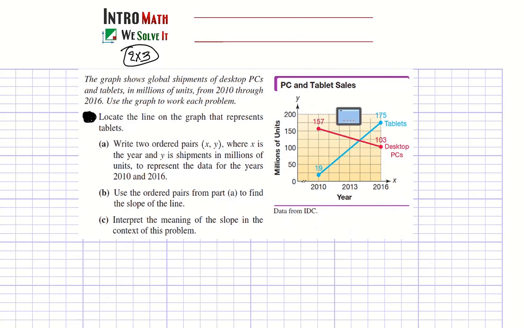Then it says write two ordered pairs (X, Y), where X is the year and Y is shipments in millions of units, to represent the data for the years 2010 and 2016. Write two ordered pairs. Let's see if we understand what they're saying.